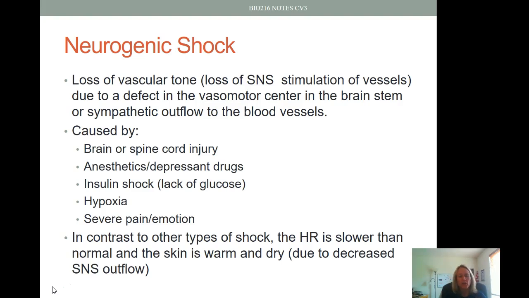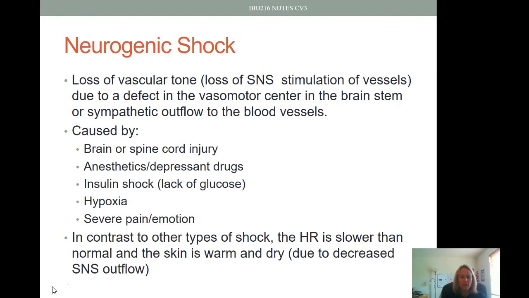This can be caused by brain or spinal cord injury. So this occurs with spinal shock, for instance. Anesthetics or depressant drugs. Insulin shock, that lack of glucose, can affect the brain and cause loss of sympathetic stimulation. Hypoxia as well, or severe pain and emotion.